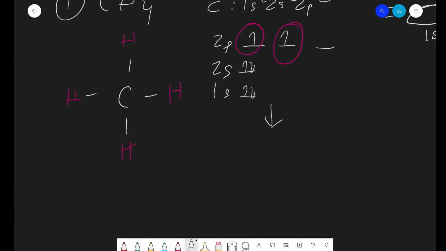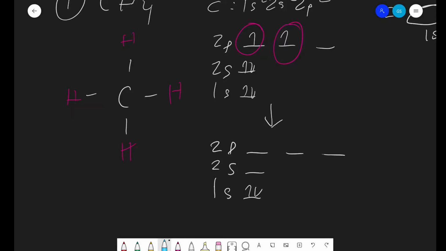I'm just going to draw a little down arrow here and redraw this energy level diagram. In our 1s, we have 1 electron, 2 electrons, right? But now here's where we do some interesting stuff. If we wanted carbon to have 4 spots so it can form 4 bonds like it does in methane, we would have to promote an electron.